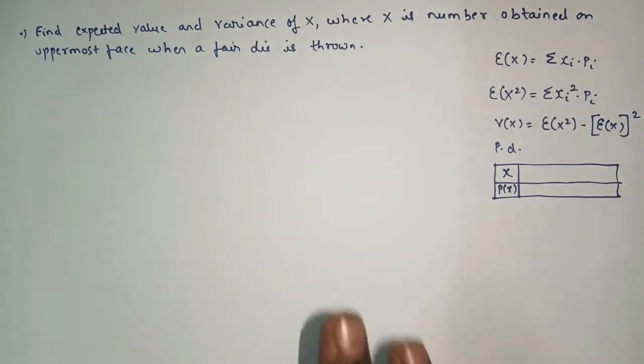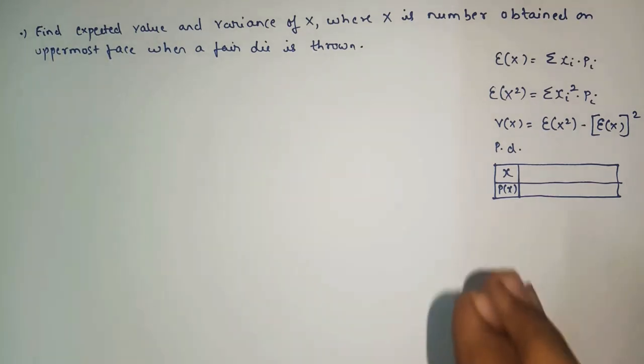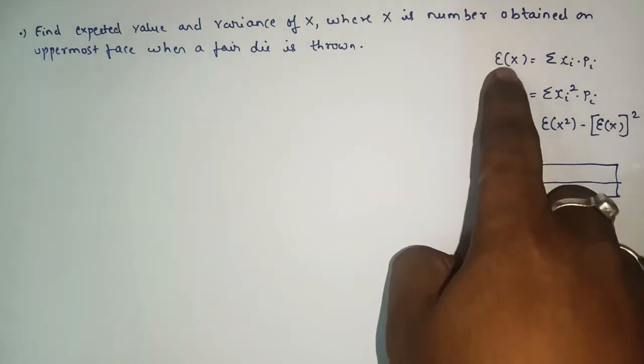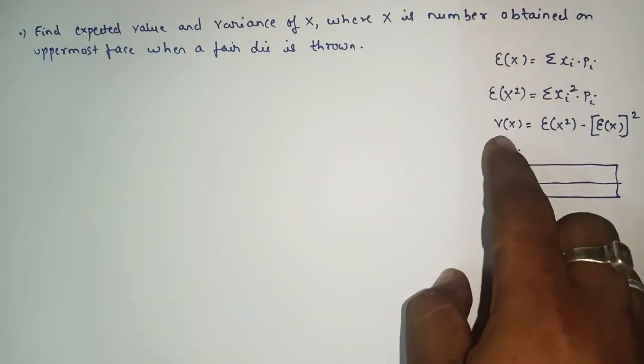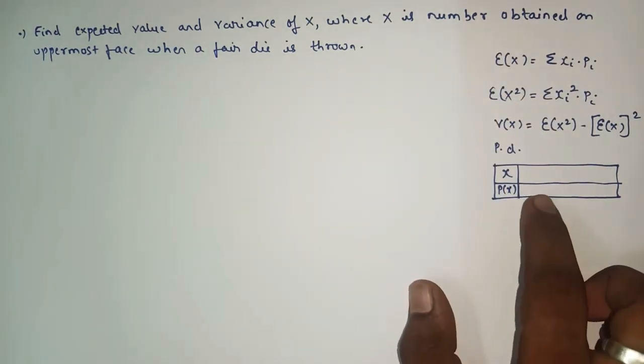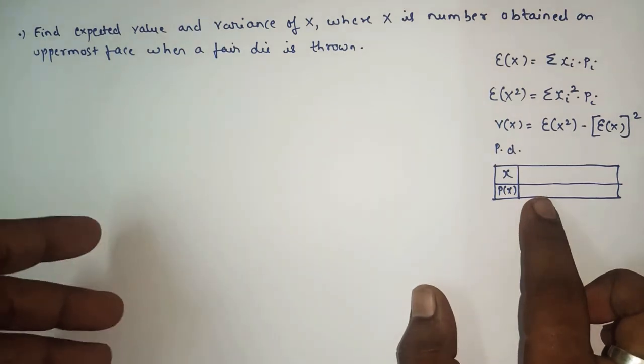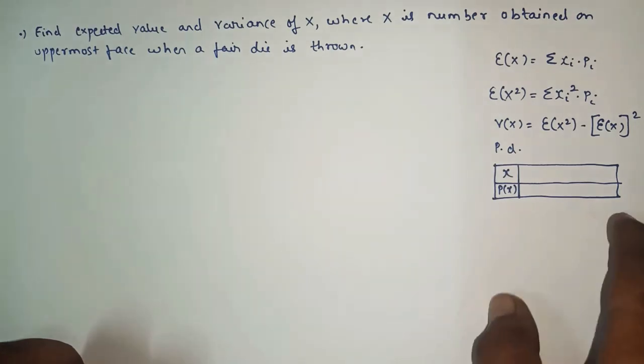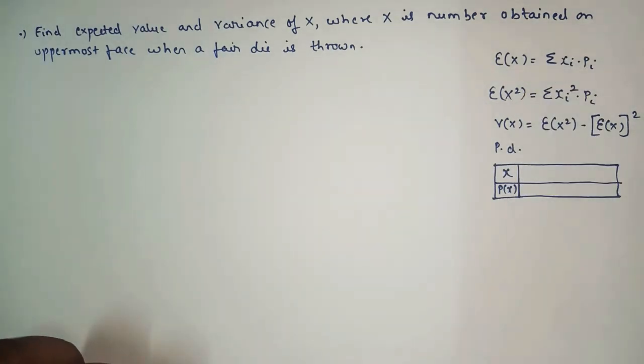So our first target will be to prepare a table known as PDF, probability distribution function. Without knowing this table we cannot find the answer for E of x and V of x. So remember this. Whenever the sum is based on coin or dice, without the PDF we cannot find the answer.